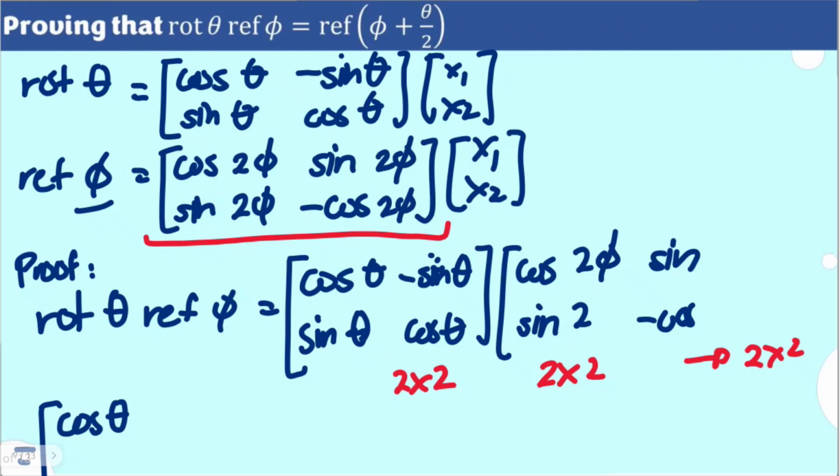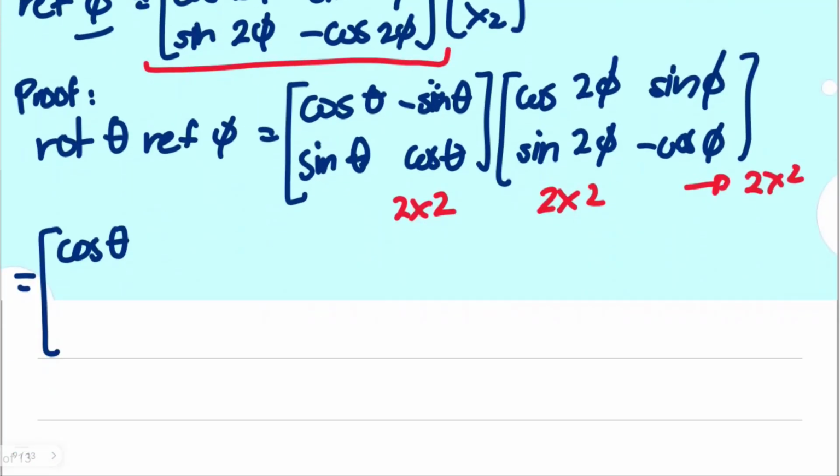Similar here, here, here, and here. Sorry for that. So cosine theta times cosine twice phi plus, for this and here, you will actually have negative sine theta times sine twice phi.